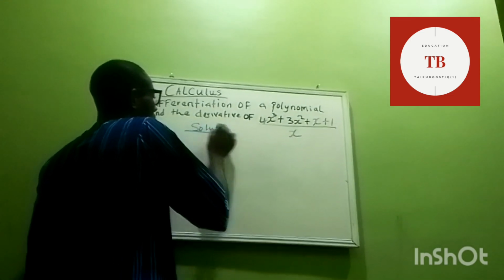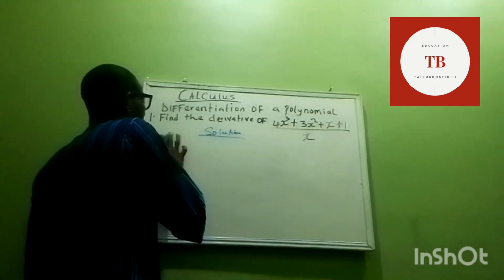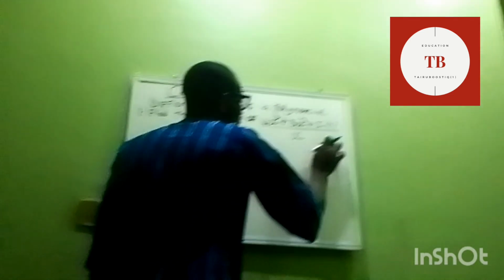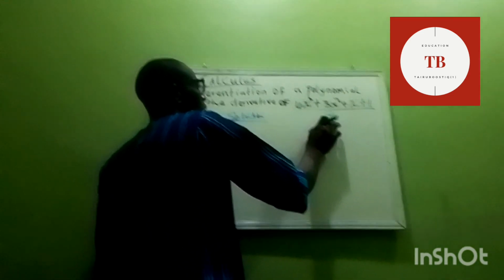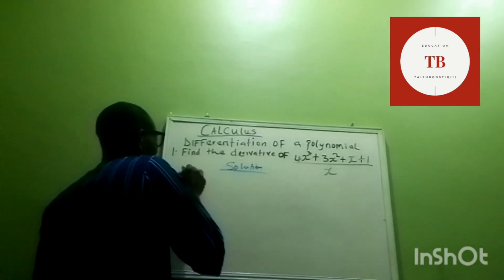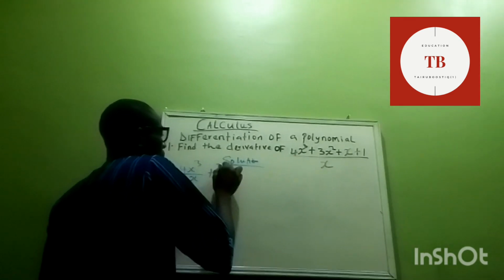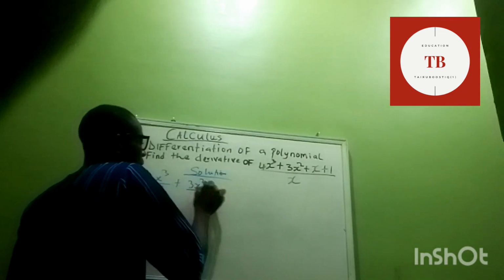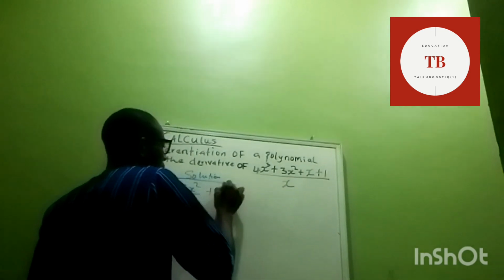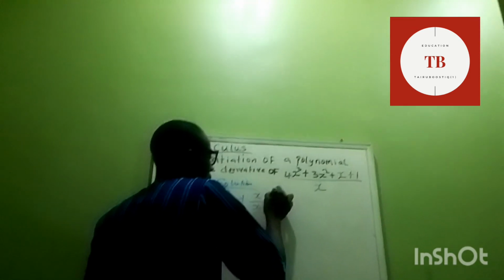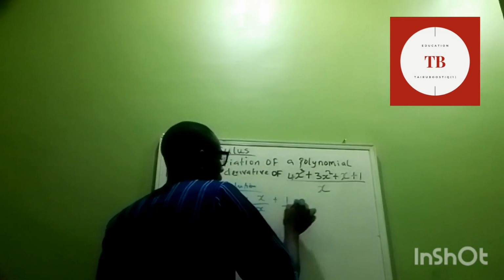So whenever we are given this type of question, the first thing we have to do is divide all through by this denominator, which is x. So then we are going to have 4x^3 over x plus 3x^2 over x plus x over x plus 1 all over x.